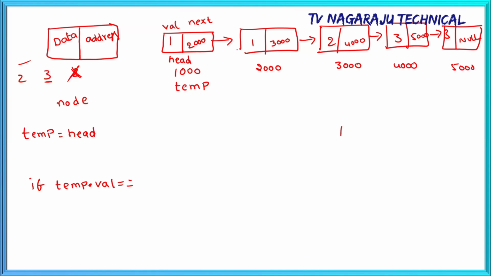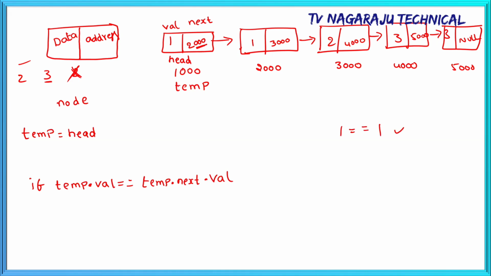What is the name of this node? temp.next. Simply, temp.next means 2000. It refers to the node at address 2000. So temp.val is compared with temp.next.val. So 1 is equal to 1. Exactly, here there is a match.